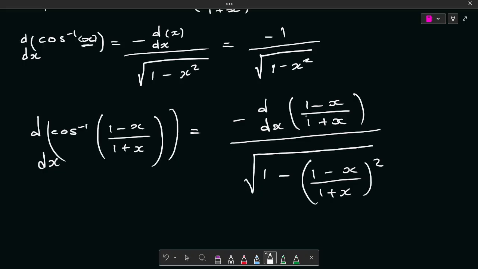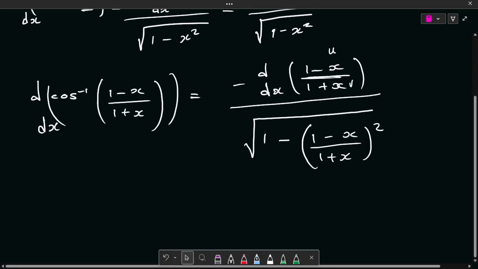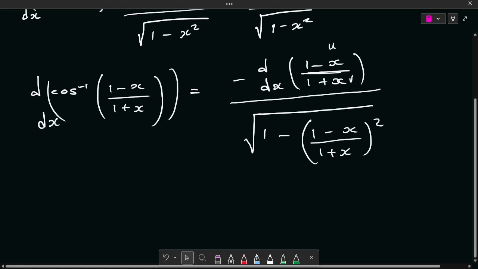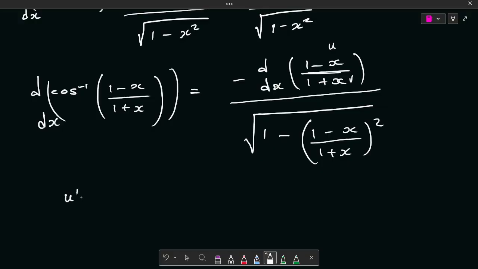Firstly we need to deal with this part, and we're going to call the top part our u, the bottom part our v. When we differentiate that, we get u prime v minus v prime u over v squared.